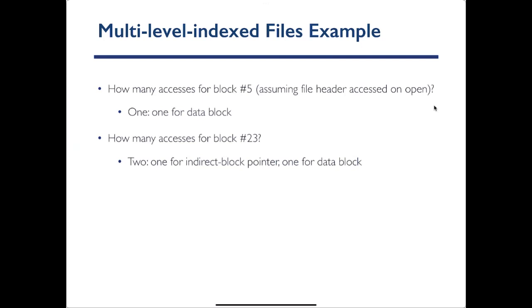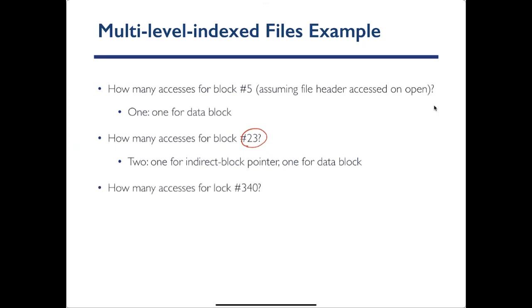Then this would be 2 accesses, because the first 12 are direct, but this is number 23, so it's going to be in the single indirect one. You first access the 1 level pointer, and from there find the corresponding number that you want.